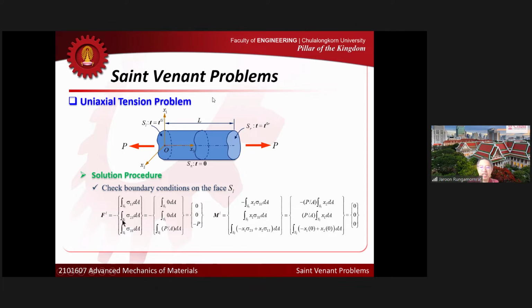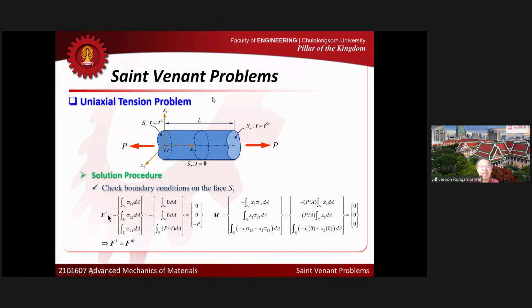This is what I mentioned before, that we have to get the net force and moments, and then confirm with the ones that are prescribed. Because the problem we are interested in here specifies the traction that generates the net force only in the x3 direction, and at the left end, P points in the negative x3 direction, it is exactly the same as what we have here.